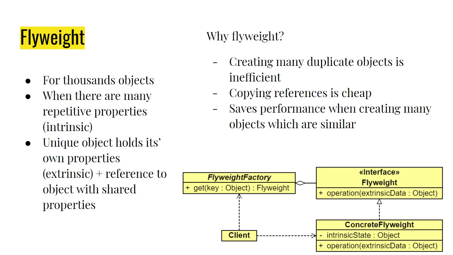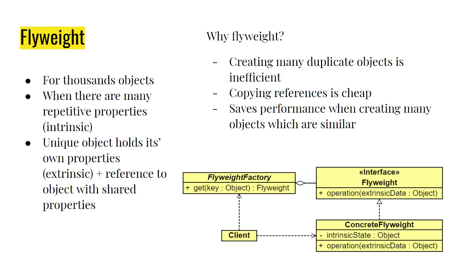Flyweight. Flyweight is a design pattern that is used for saving memory. Very much like a proxy, actually. Flyweight is a bit different approach, though. You basically have an object which describes common state that all other objects can have.